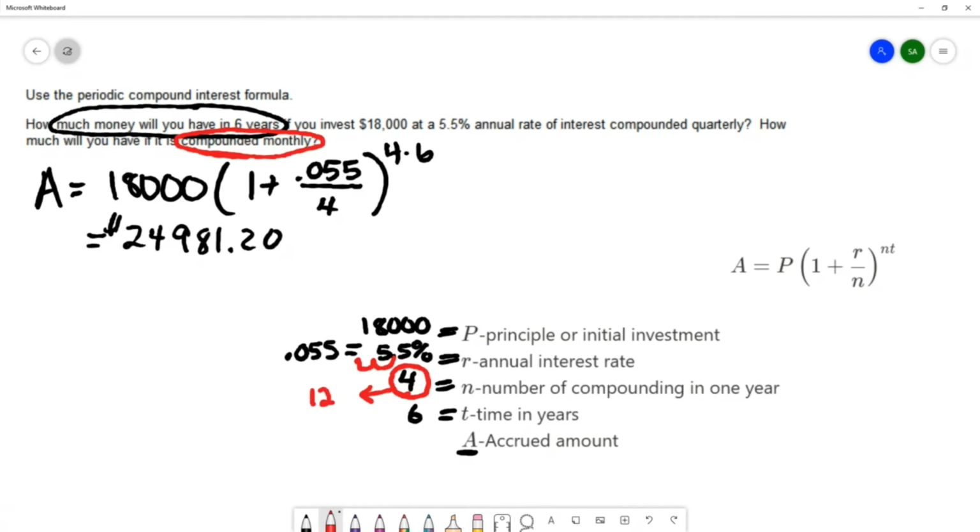We compound monthly, that is 12 times a year interest is added in. Everything else in our formula will be the same. 18,000 times (1 plus 0.055 over 12) raised to the 12 times 6. Let's bring my calculator back and we'll type that in.